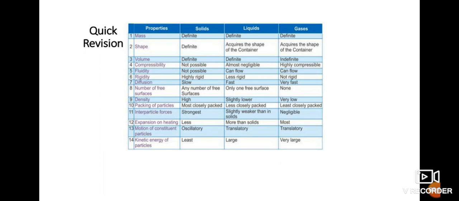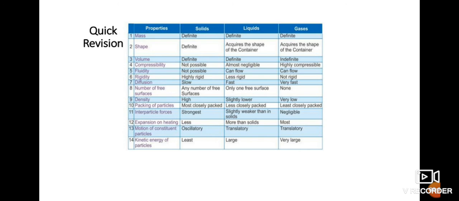Now, this particular chart will help you to understand the difference between solids, liquids, and gases based upon different properties. I have made the columns so that it becomes easier for you to understand the difference.